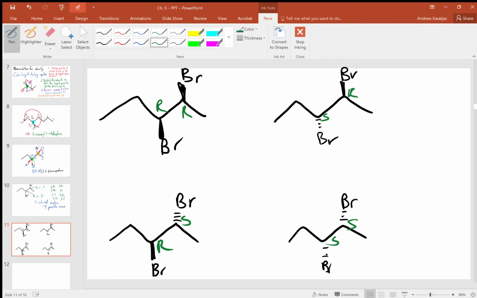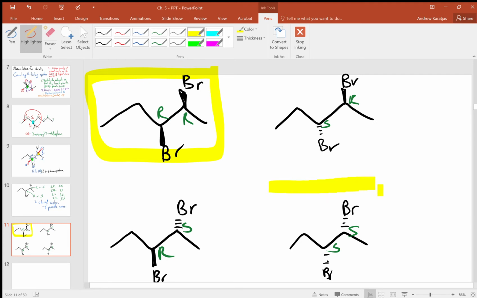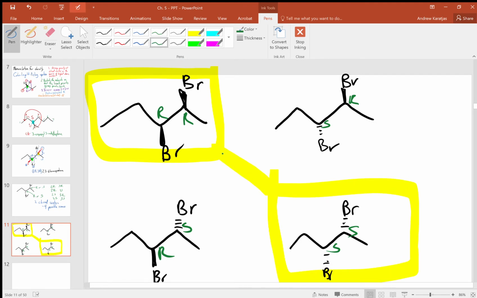Alright, so what we have are our 4 different isomers. And we can see 2 different types of relationships. For example, these 2 yellow ones, we've reversed all stereocenters.